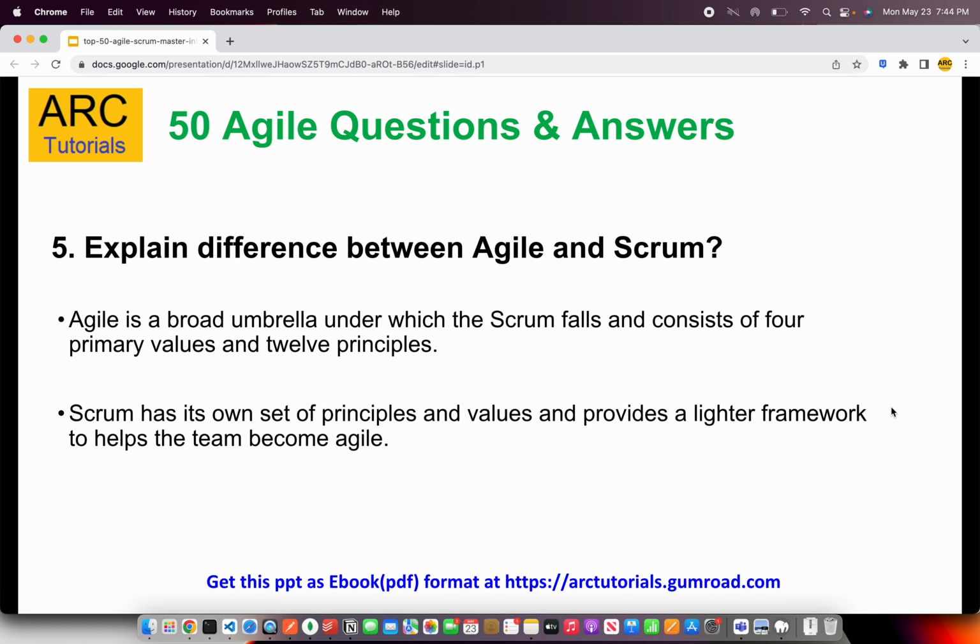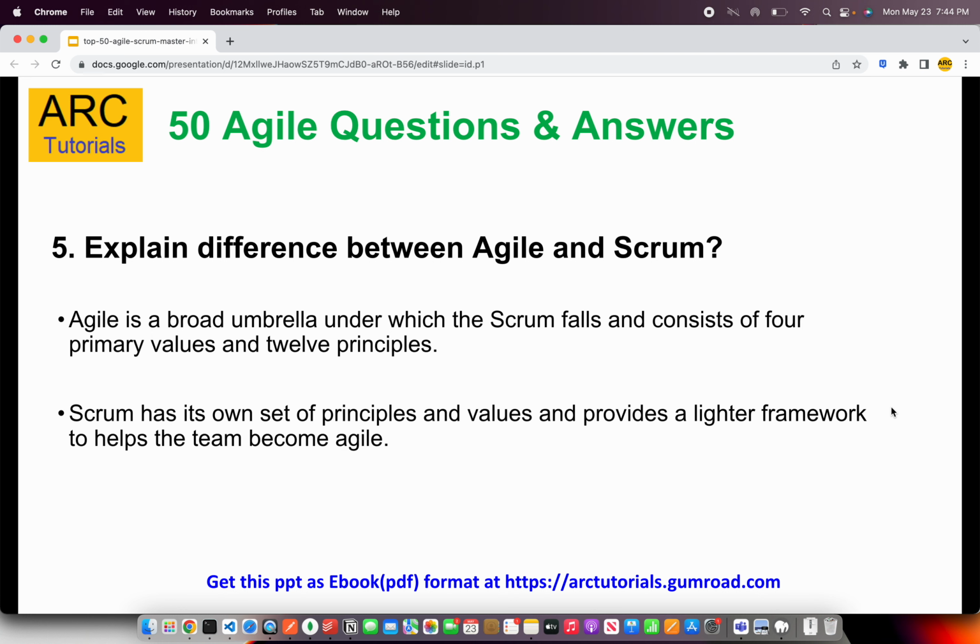Now explain the difference between Agile and Scrum. A lot of people are confused that Agile is Scrum and Scrum is Agile. No. Agile is a broad umbrella under which Scrum falls. Like I said in the earlier questions, Agile is a methodology of processes and methods, and Scrum is a type of Agile.